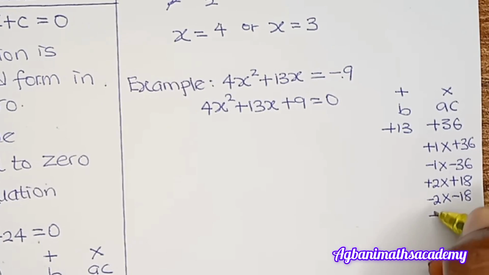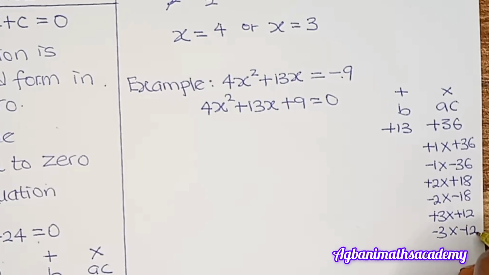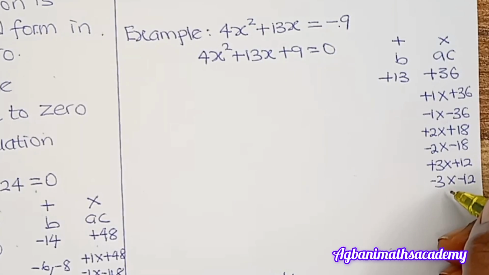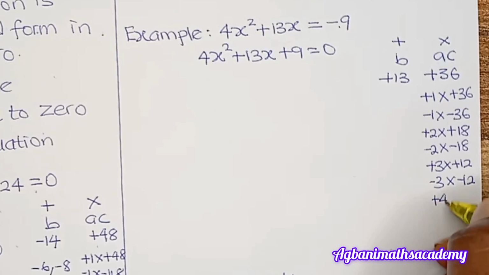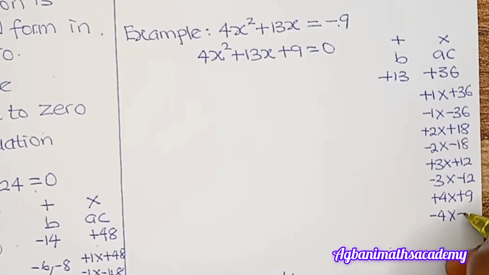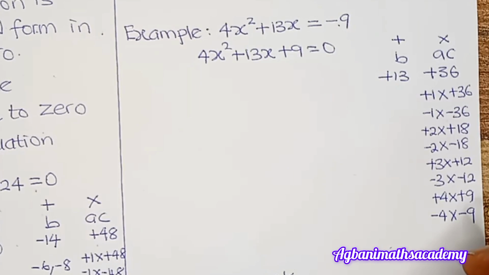We have plus 3 times plus 12. We also have minus 3 times minus 12. All these values will give us plus 36. Do we have any more? Yeah. Plus 4 times plus 9, and minus 4 times minus 9. So all these values will give us plus 36.